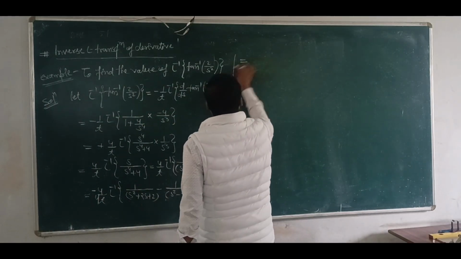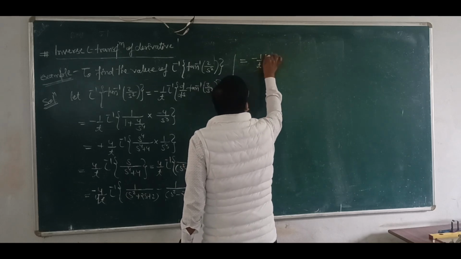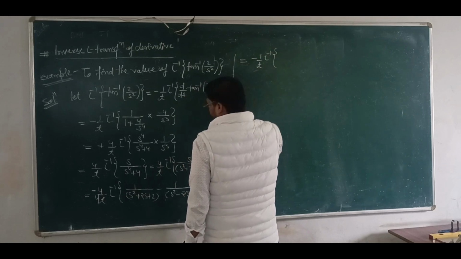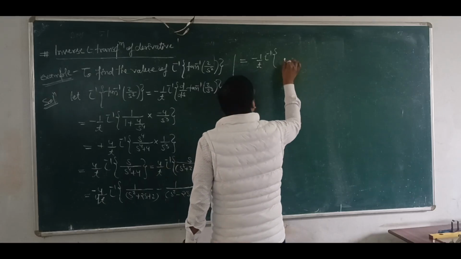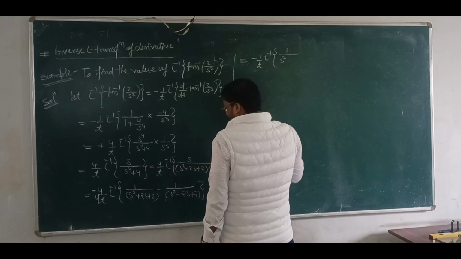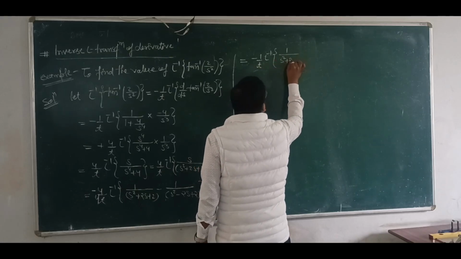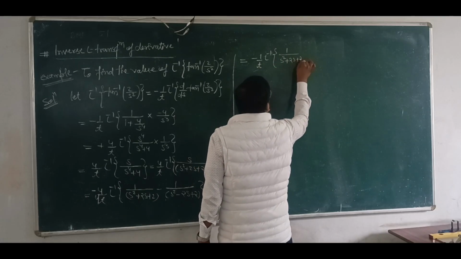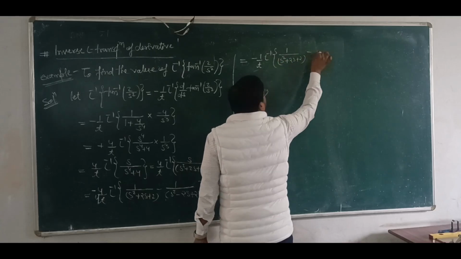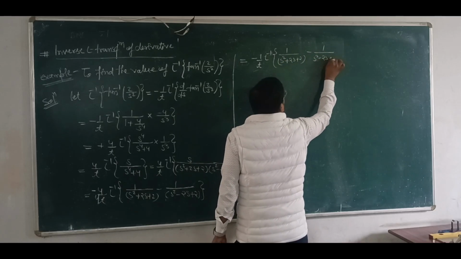Now you can write minus 1 upon t L inverse of 1 upon (s square plus 2s plus 2) minus 1 upon (s square minus 2s plus 2).